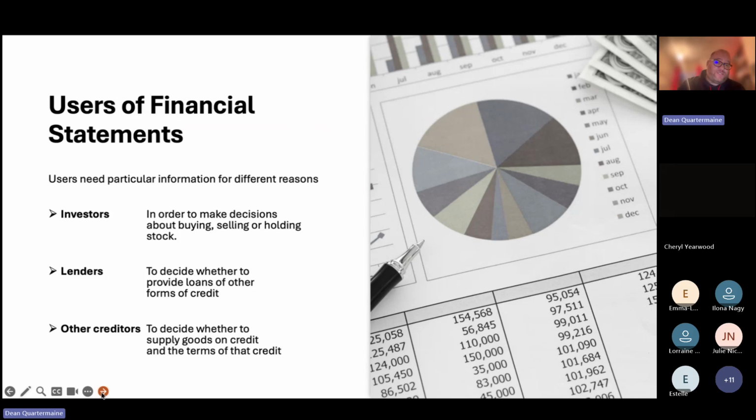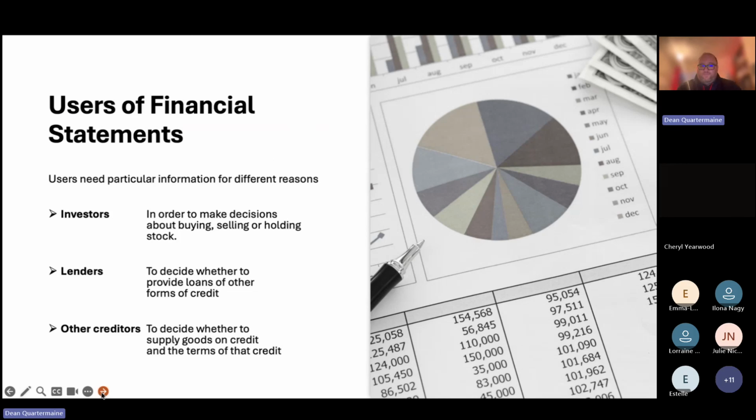Or if I'm an existing investor, I might want to look at the financial statements to understand, is now a good time to sell my stock? Is it a good time to buy more stock? Or do I just stay where I am, and just hold the stock for a period of time.